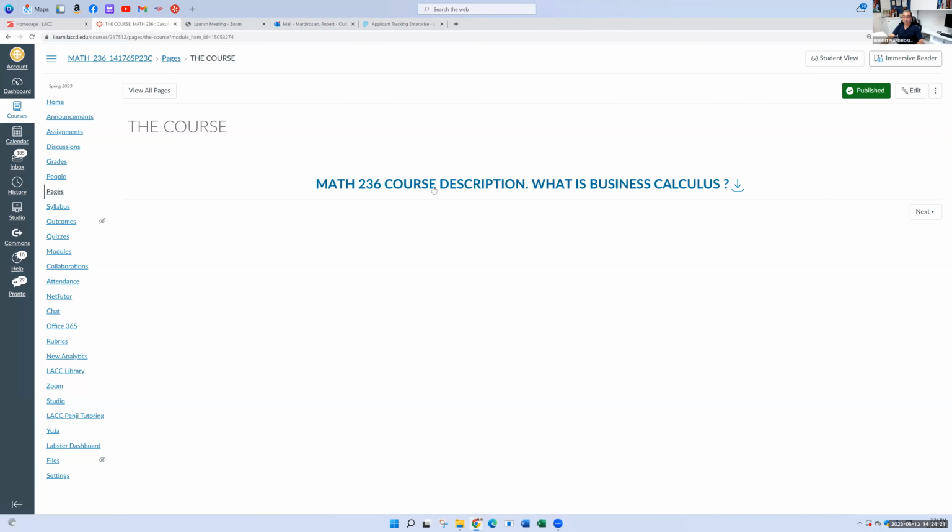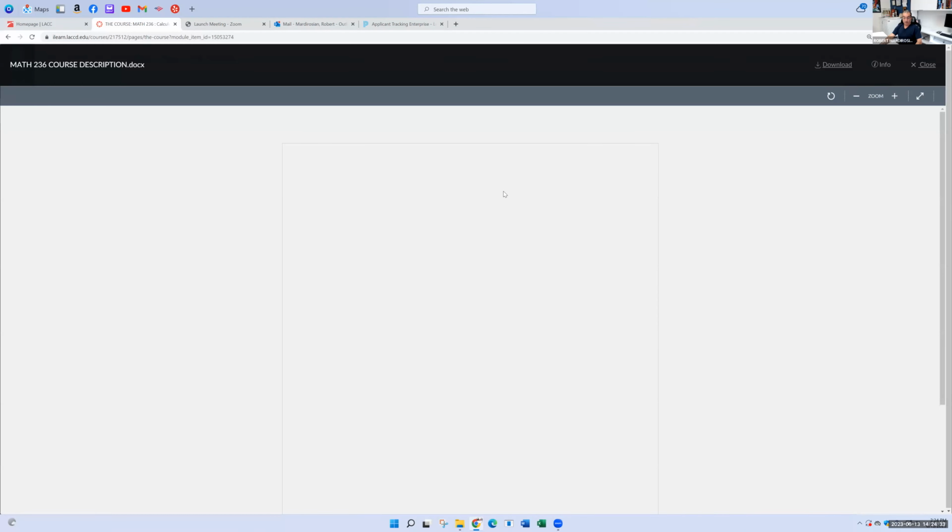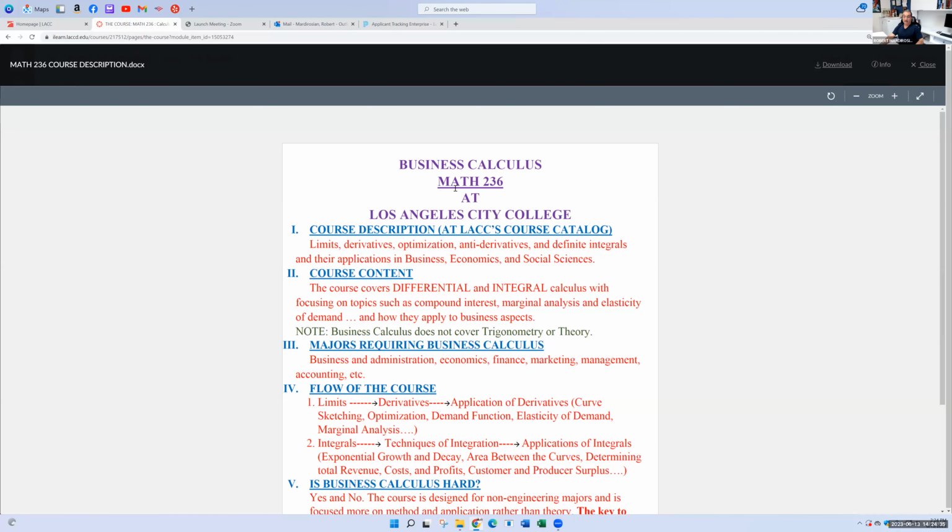Now, Math 236, we're going to go over the course description, and the question is, what is business calculus? Business calculus at Los Angeles City College is Math 236, and the course description in LACC's course catalog says: limits, derivatives, optimization, anti-derivatives, and definite integrals, and applications in business, economics, and social sciences.